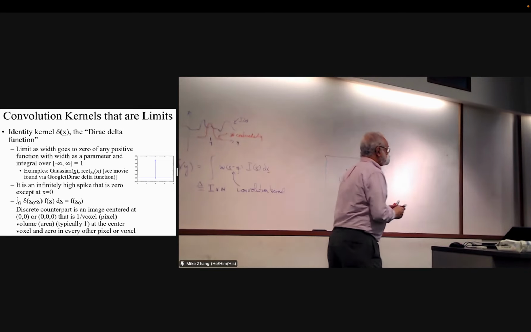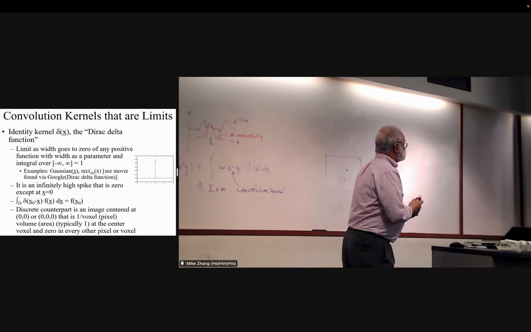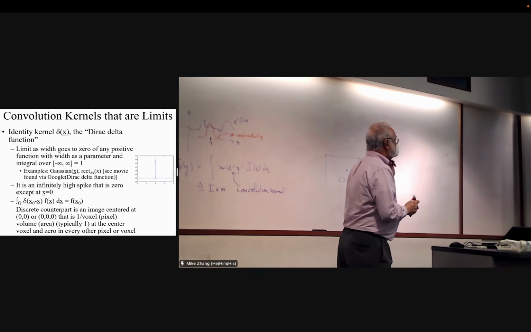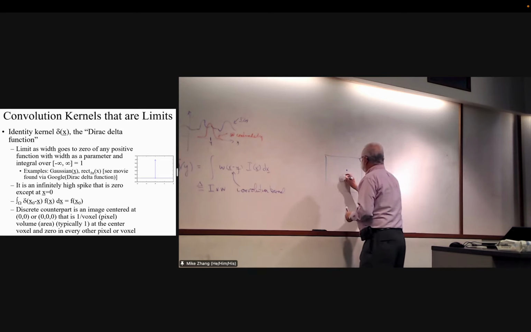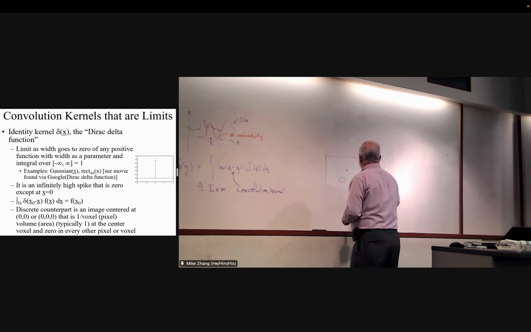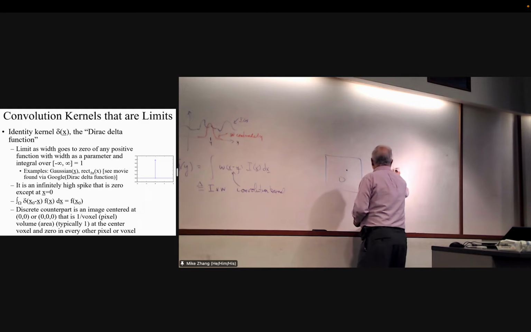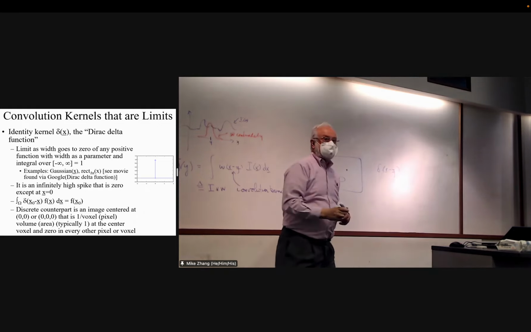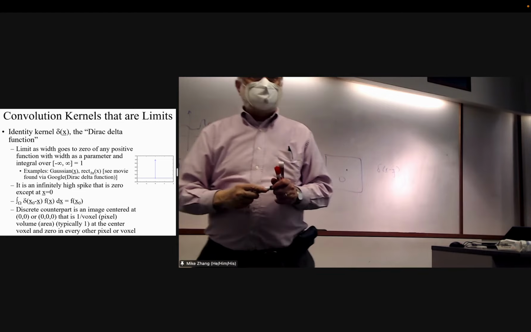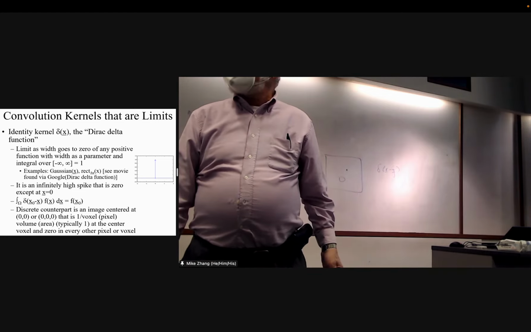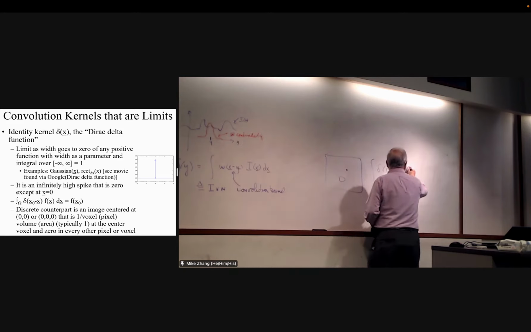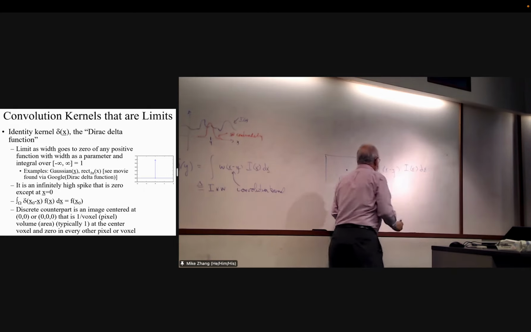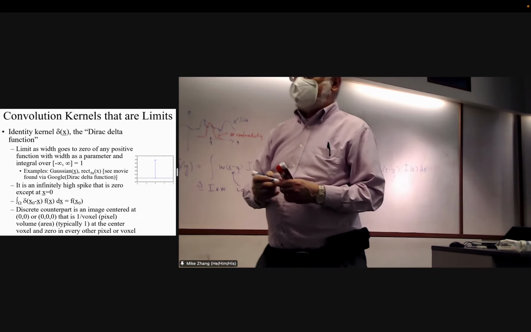And we're now going to be interested, if we have a Dirac delta function at 0, in the delta function centered at y. And so what happens if we convolve an image with the Dirac delta kernel?